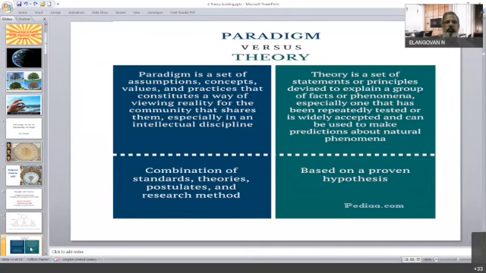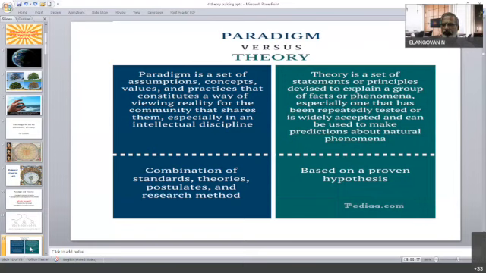Further explaining the difference between paradigm and theory: paradigm is a set of assumptions, concepts, values, and practices that constitutes a way of viewing reality for the community that shares them, especially in an intellectual discipline.